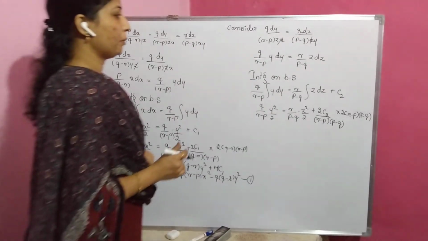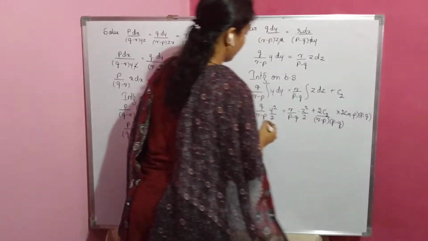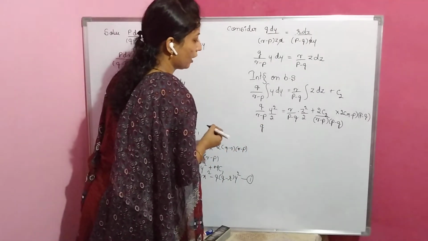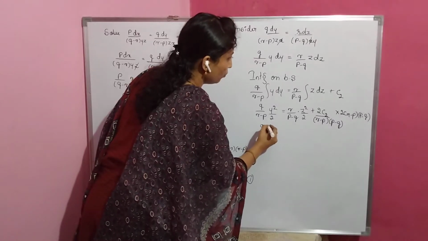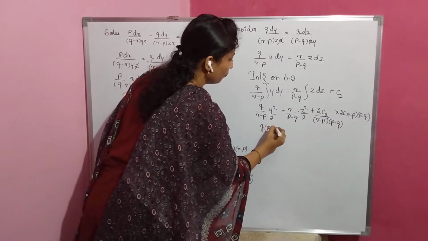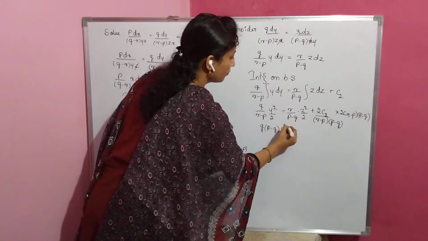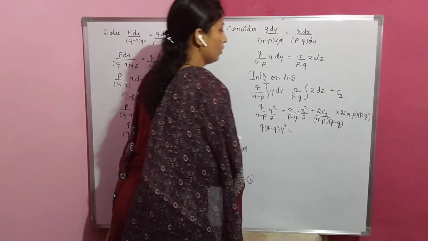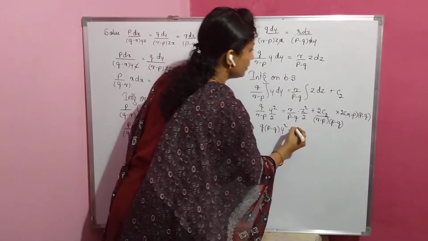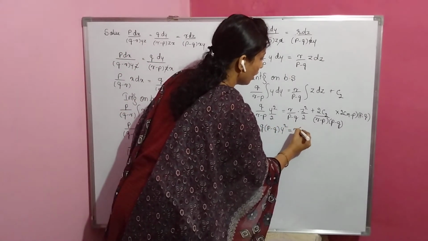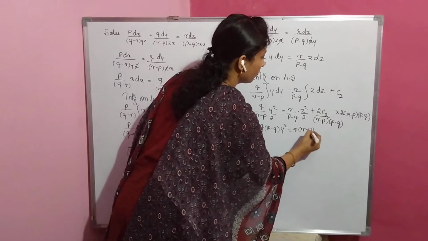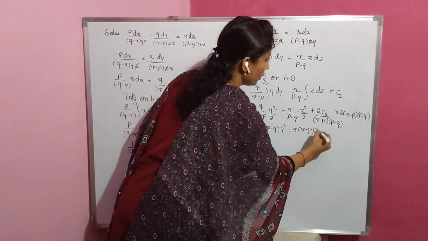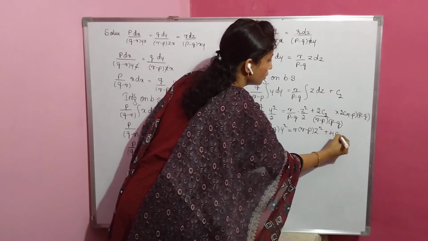In the first term, the term r minus p gets cancelled, so it is q into (p minus q) into y square is equal to, in the second term, r into (r minus p), because the p minus q term gets cancelled, so it is r into (r minus p) z square plus 4c2.